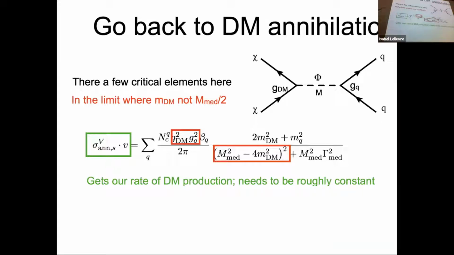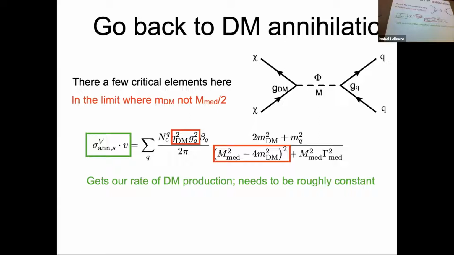So now we have a model, right? So let's say we have a simplified model and we want to thermalize it. And the way we do this is we just have dark matter annihilate, produce your mediator and decay to quarks. And you have a bunch of parameters here, and you can just write down the cross section from this. It's just coming from this diagram, and you get this guy, which is just the usual Breit-Wigner and some couplings. And so this is how we can get our rate of dark matter, because we know that this guy is going to be a constant.